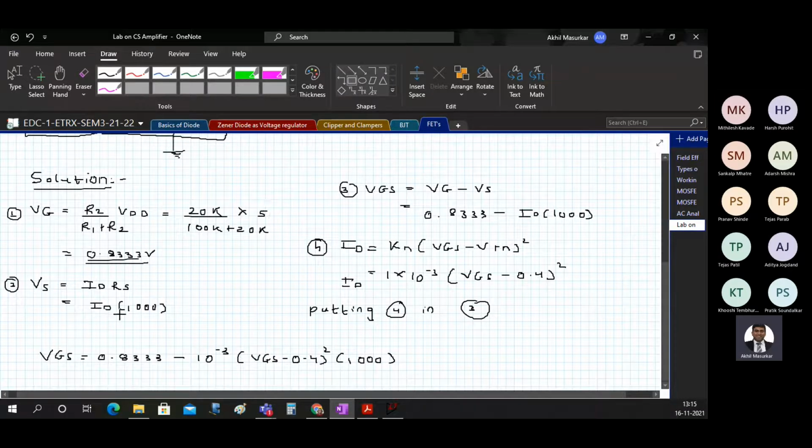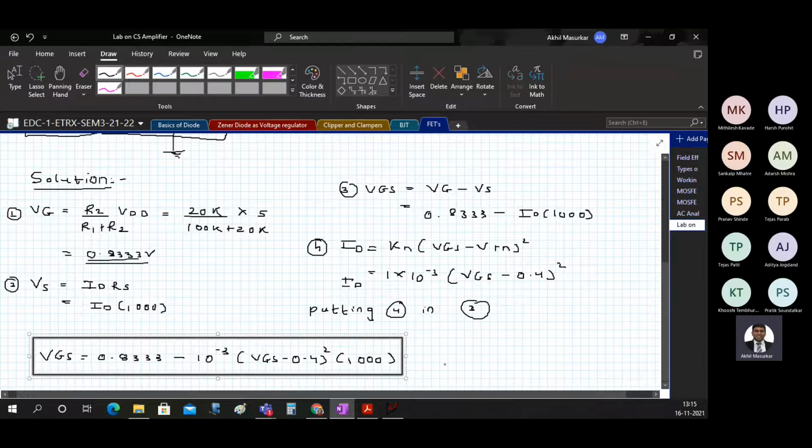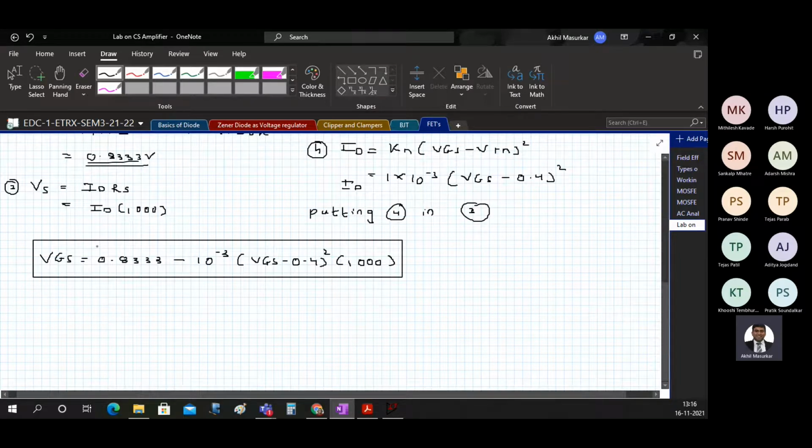So basically this is a quadratic in VGS. Please solve this quadratic in the way I told you and tell me what is the value of VGS.